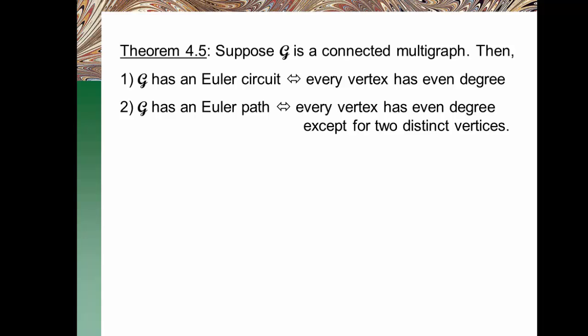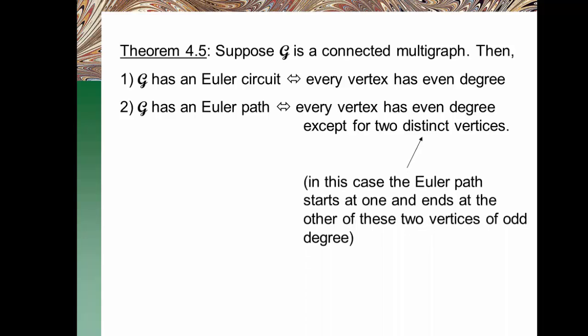So that's a necessary and sufficient condition for a graph to have an Euler circuit. Number two, a graph G has an Euler path if and only if every vertex has even degree except for two distinct vertices. Those two distinct vertices have odd degrees. In that case, those two are the first and the last vertices of the path.